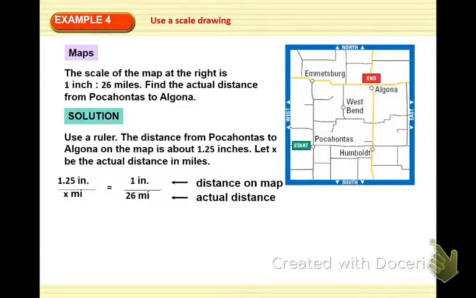If I compare inches to miles on the left, I compare inches to miles on the right. And now it's a matter of cross multiplying and solving. So we cross multiply and solve. And we're going to get 32.5 miles.